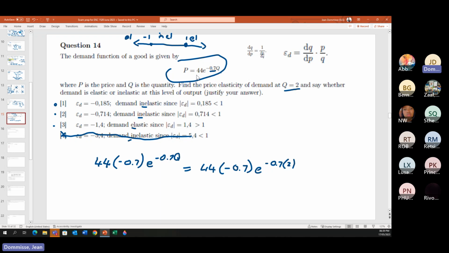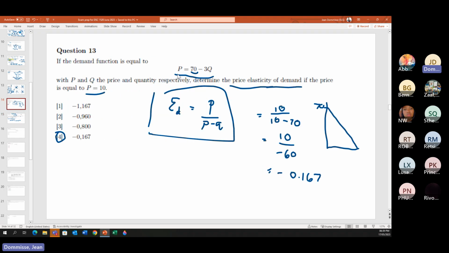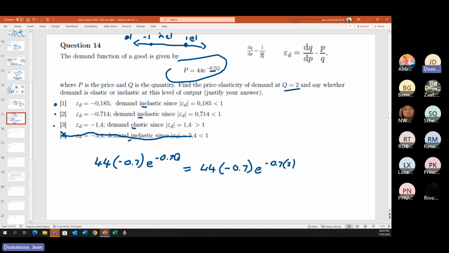They can't not give you that, because you need that to put it into the formula. So in this instance, they gave us the Q. In this instance, they gave us the P value. So they can give you any one of the options.